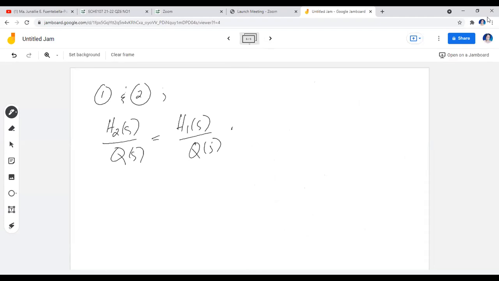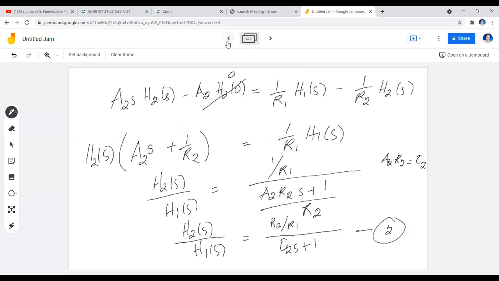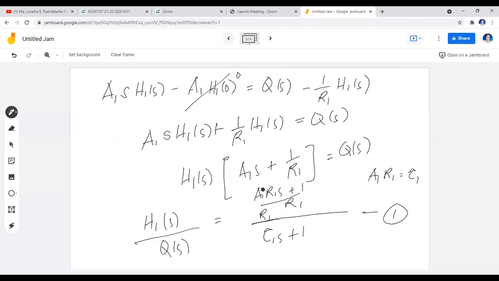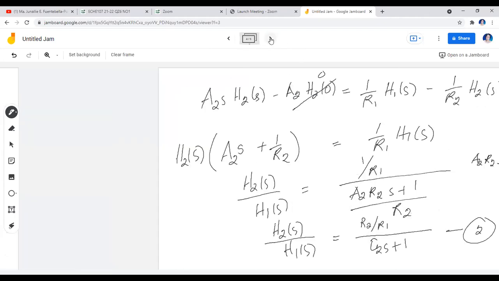And our second transfer function is H sub 2 of S over H sub 1 of S. This is actually our equation 2, the equation we just worked out a few minutes ago. And this is the one that was labeled as equation 1. This one. So we have here R1 over tau sub 1 S plus 1. So I will copy it in here.